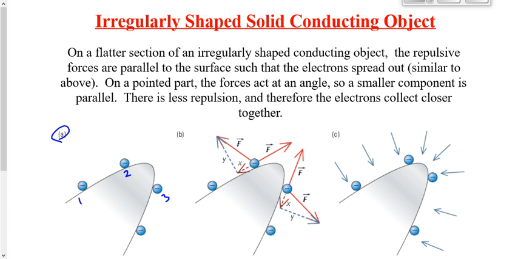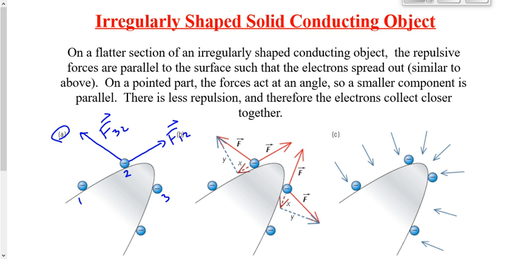Charge number 2 is pushed away from charge number 1. We'll call that F12. There's a repulsion force that causes charge number 2 to be pushed towards the tip of this irregular shaped object. Now, it's also pushed away by, or repelled by, charge number 3. We'll call that F32.